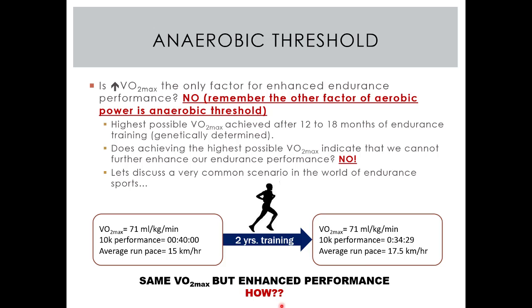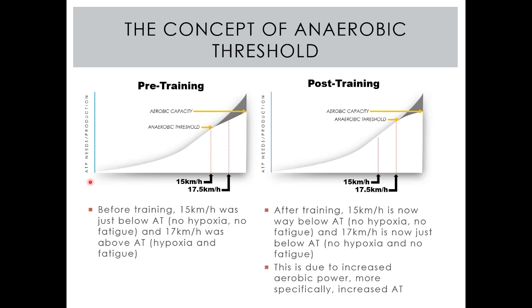So how does this occur? So the main goal during a 10K race, or any race for that matter, is to run at a workload right below your anaerobic threshold workload so that you don't experience fatigue. So for this athlete at pre-training, he could only maintain an average run pace of 15 kilometers per hour during the 10K because that is the workload right below his anaerobic threshold.